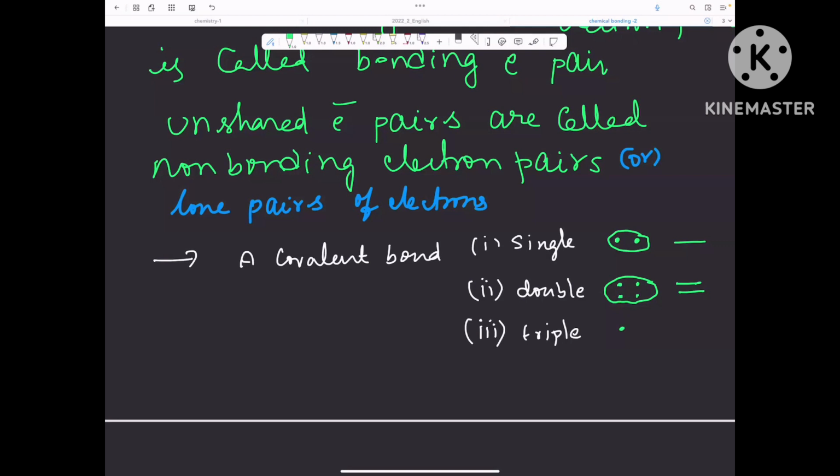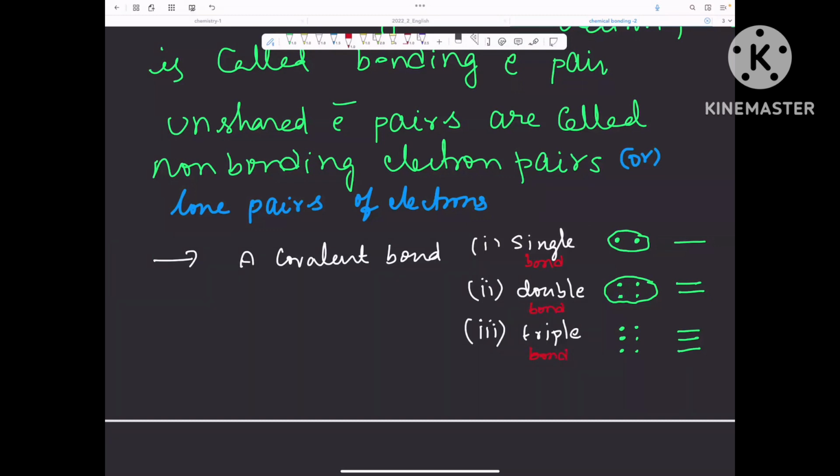In a triple bond between two atoms, they are sharing three electron pairs, and it is represented by a triple line. So in general, we call it a single bond, a double bond, a triple bond.